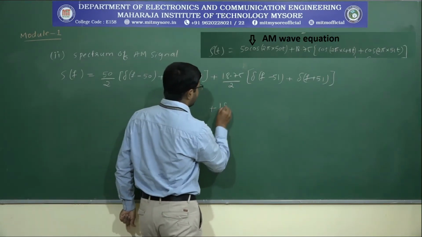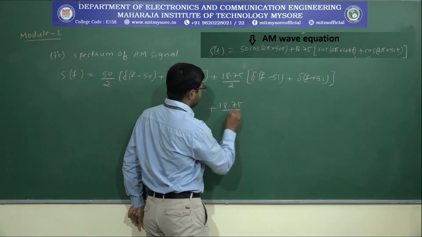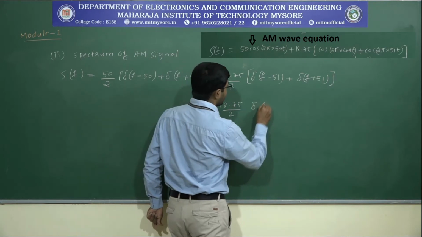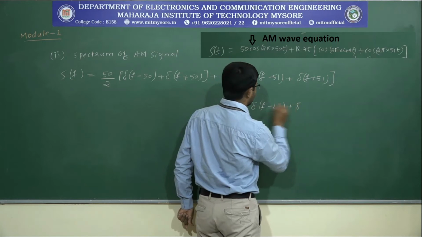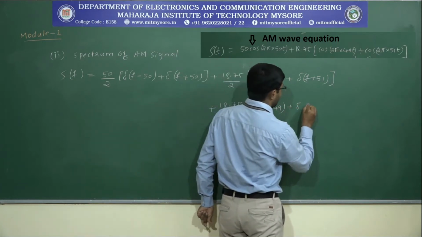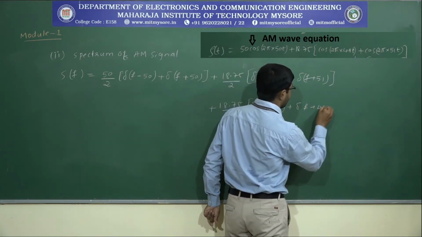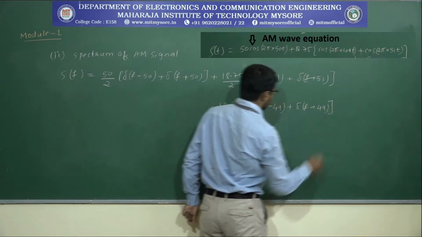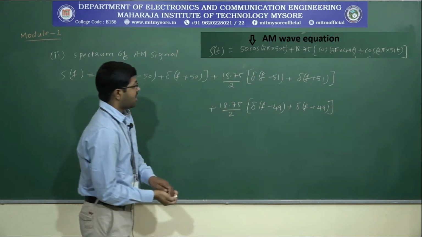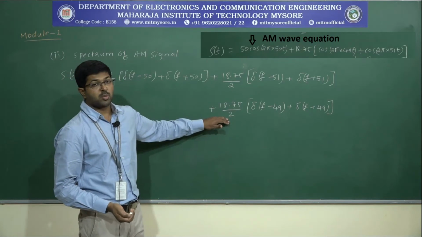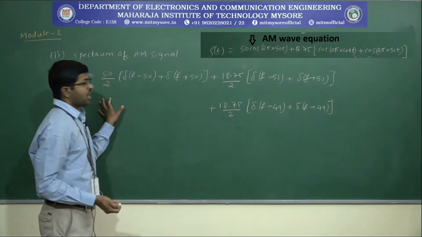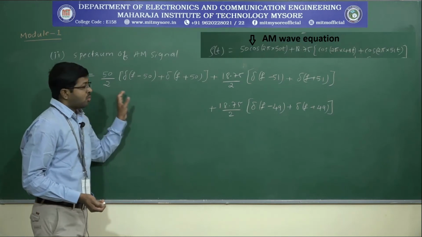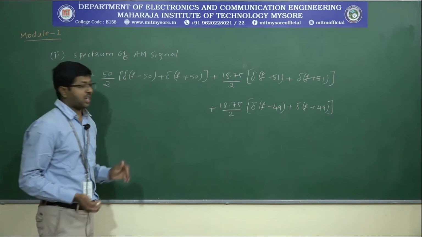Similarly, for the lower sideband, delta f minus 49 plus delta f plus 49. This is the Fourier transform of the lower sideband. Using this equation, we can now draw the spectrum.